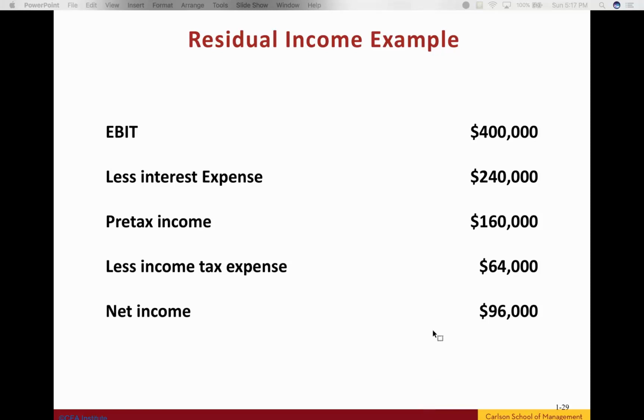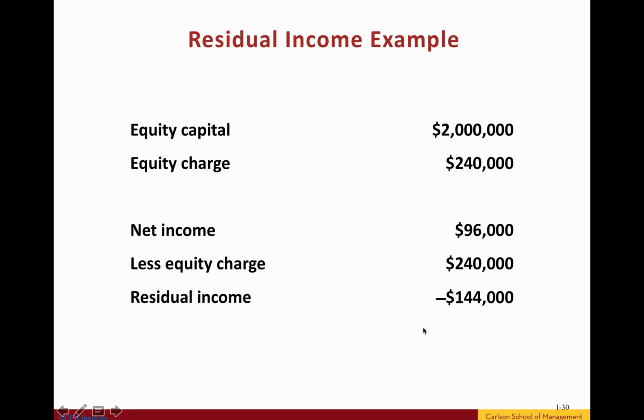of net income. So flipping to the next slide, we know that they have equity capital of $2 million because 40% of those $5 million in assets are financed by equity, and they're going to have an equity charge of $240,000.